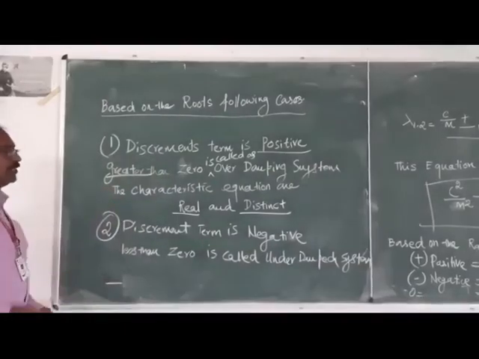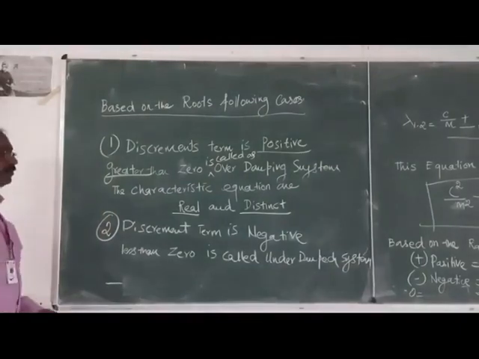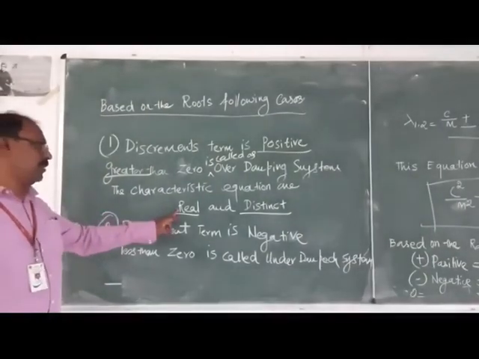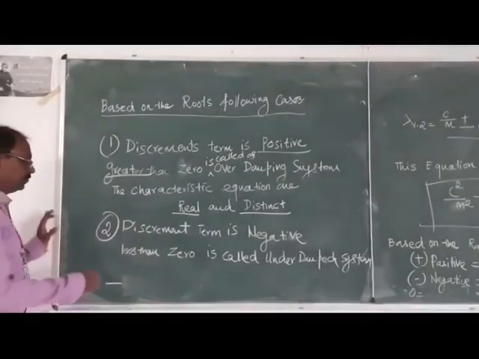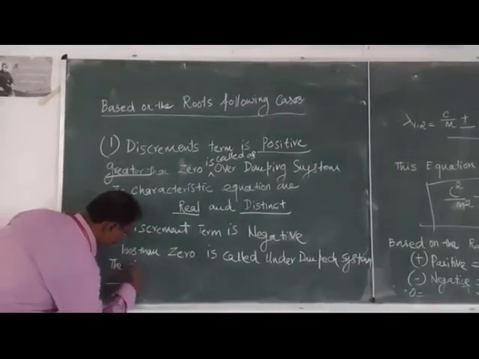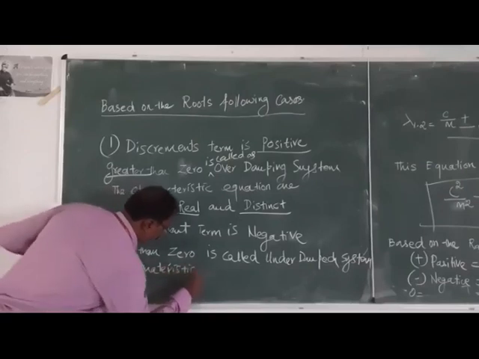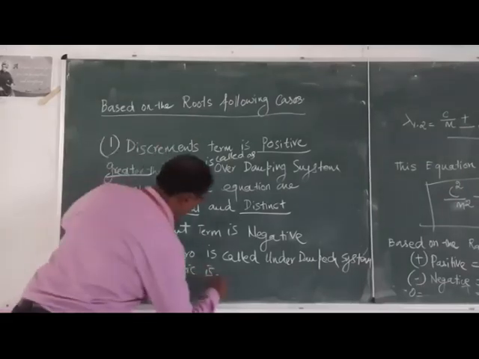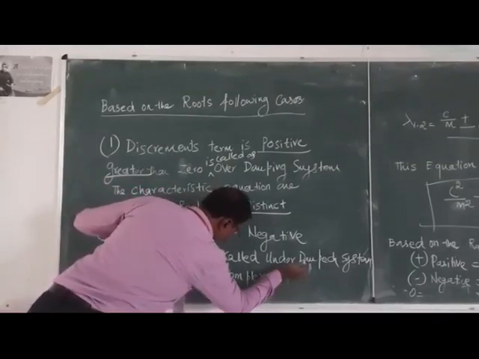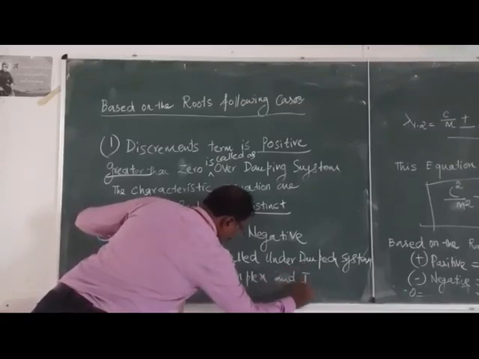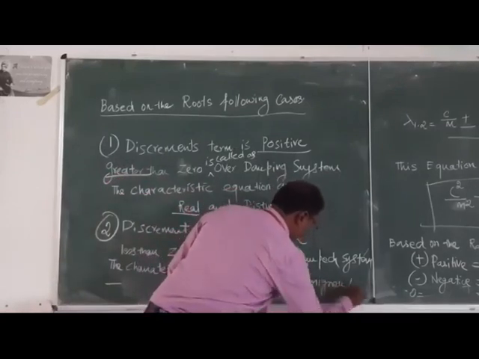The characteristic equation roots in this case are imaginary, negative, and complex. In this the roots are not real; they are imaginary and complex.